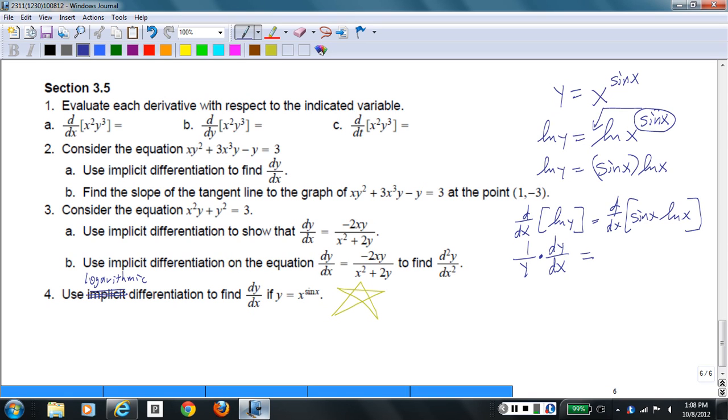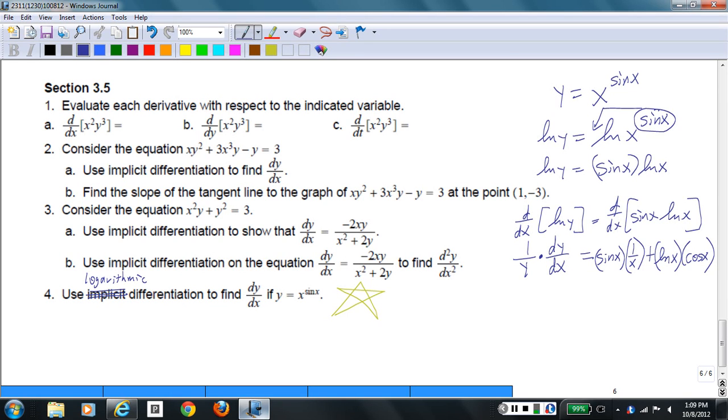So we've got to use the product rule, and it's going to be the first times the derivative of the second plus the second times the derivative of the first. It looks awful, but we're almost there, really.